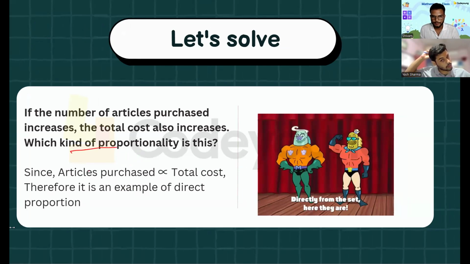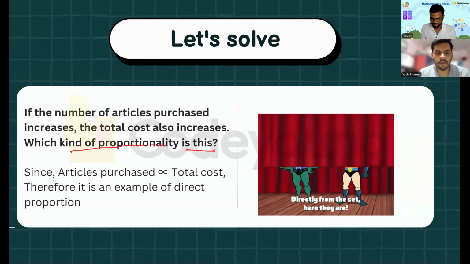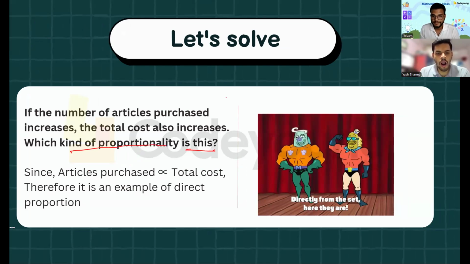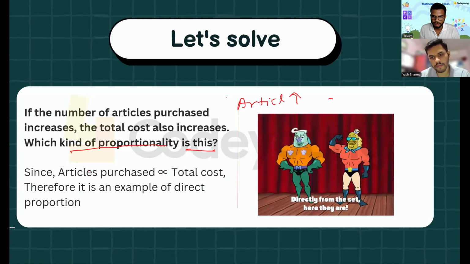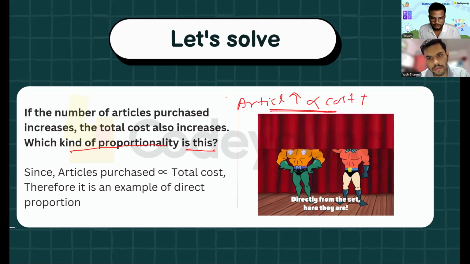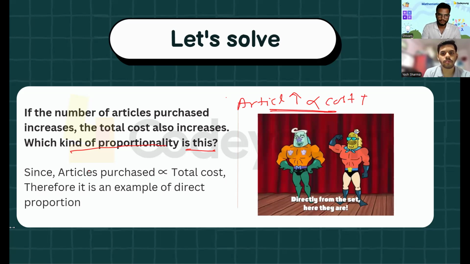Which kind of proportionality is this? Direct proportionality. Direct, that's great. If articles purchased increase and cost is also increasing, it means it is direct. Very good. Okay, let's move on to another one.